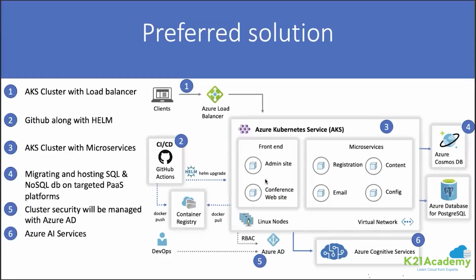Now, on the left hand side, if I'm considering CI/CD to deploy these microservice components, here we can go ahead with CI/CD with GitHub Actions. We can have a Helm chart. Of course, the important factor is that as a developer, you might have to learn about the solution towards this.